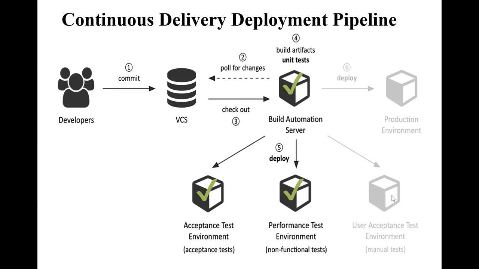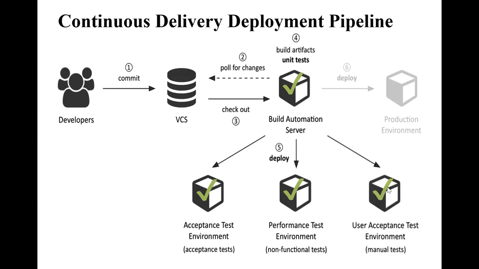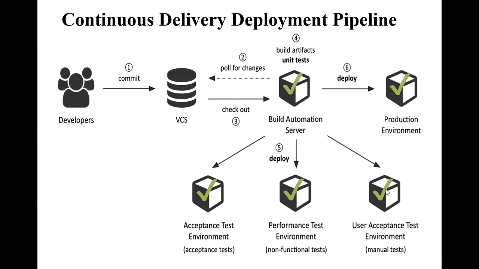And the client is going to have their own environment where, once this is accepted here, it will be released to the UAT environment. And here all the user test cases, whatever we have, will be verified, evaluated and accepted. If it is accepted, then finally it is promoted to the production environment.